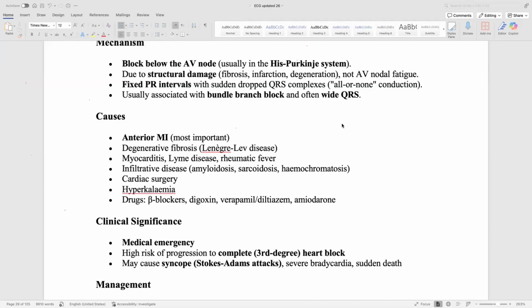Inferior MI, complete heart block. Anterior MI, Mobitz type 2. Why does anterior MI cause Mobitz type 2?